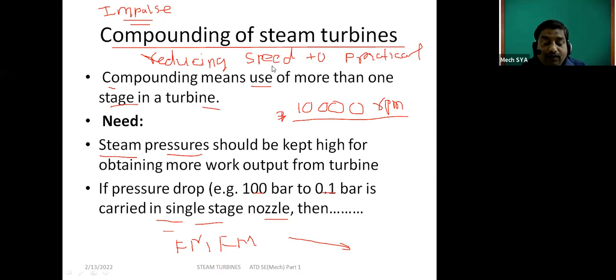It is desired that the speed of the turbine should be within a practical limit so that it can be coupled to the generator and we can further create electricity. This is the general logic we are applying. Therefore, compounding is the use of more than one stage in a turbine, and it is done only for the impulse turbine.